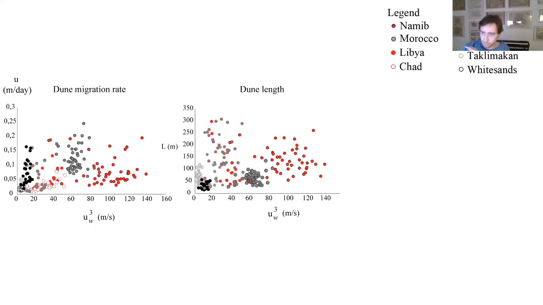So predicting the speed of a dune based on factors that you can calculate is not as trivial as you might think, because it's quite expected that faster wind speed would lead to faster dunes. But this is completely not the case. So we cannot use these intuitive relationships here to determine what's going on.